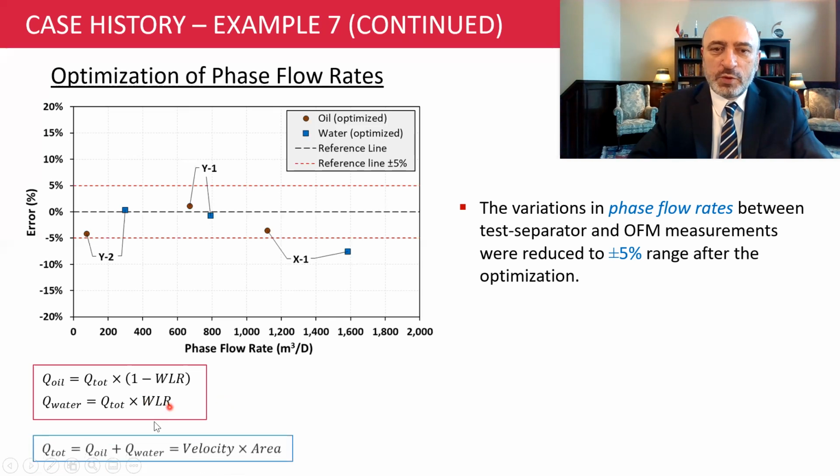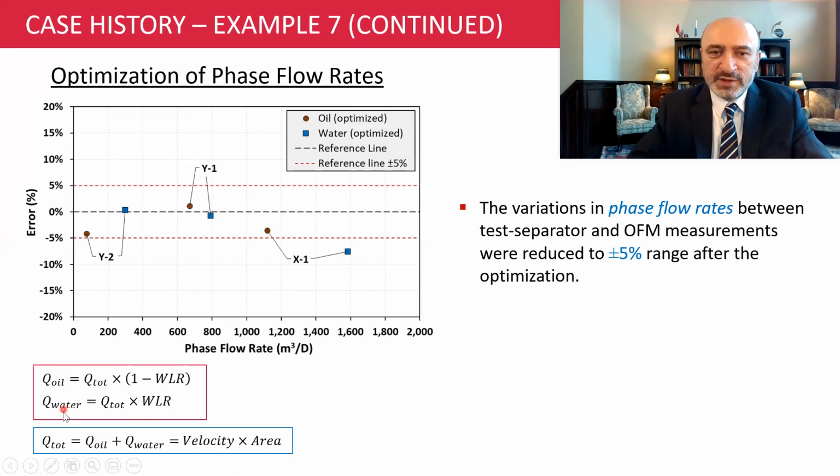So the total flow rate is the sum of the oil and water phase flow rates, and it can be calculated using the cross-sectional area of the flow meter and the velocity measurement of the flow meter. So, in fact, what we are doing here to calculate the phase flow rates, we are distributing the available total flow rate between the oil and water phases based on the optimized water cut value.